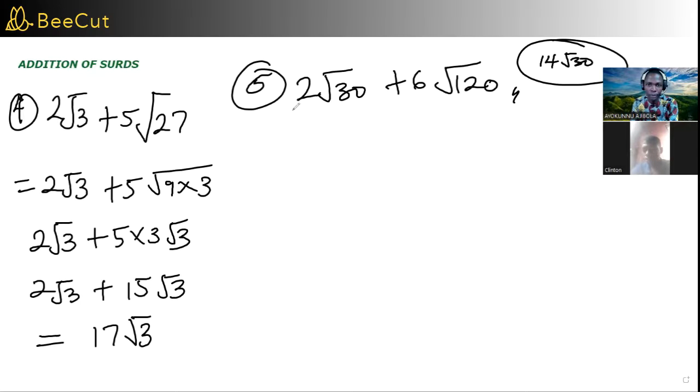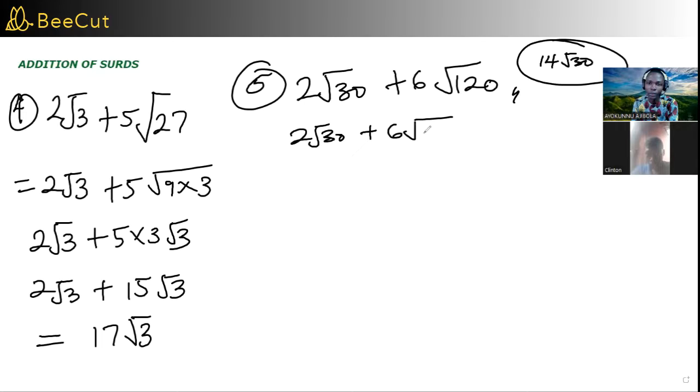If you try to split this, can you split 30? What about 120? What can you split it with? Yes, sir.